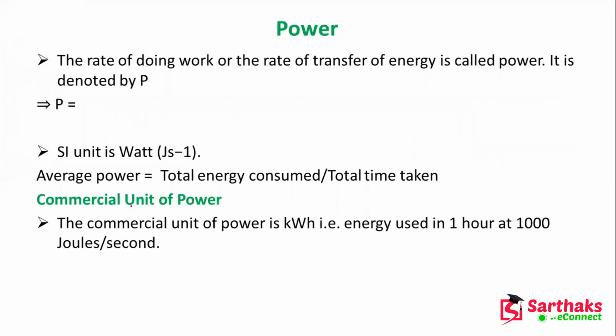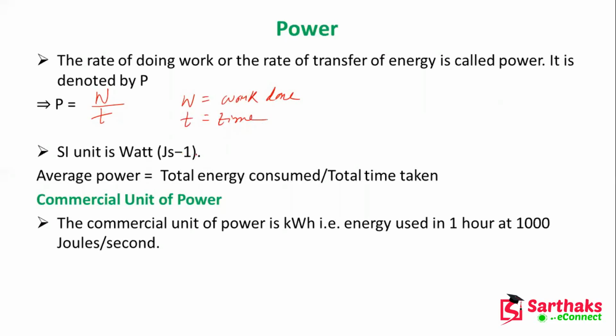Now the power. The rate of doing work or the rate of transfer of energy is called the power, and it is denoted by P, where P equals work divided by T, W divided by T. W is the work done and T is the time.